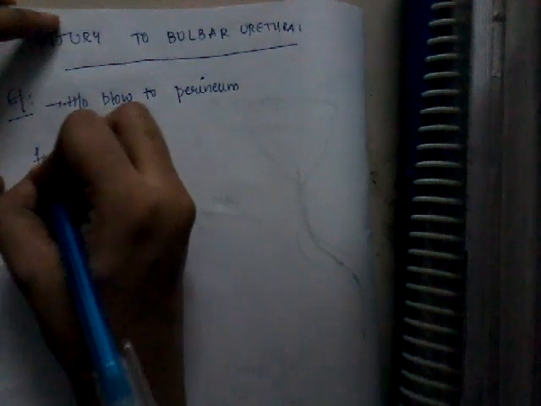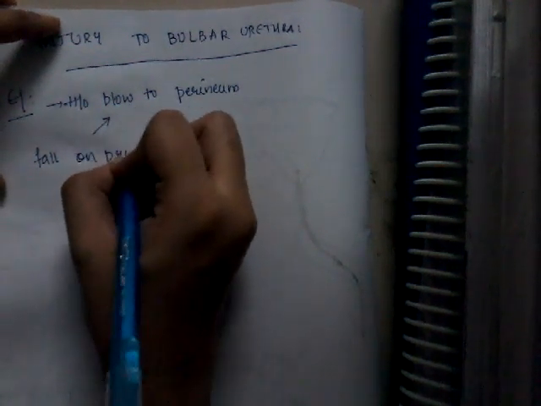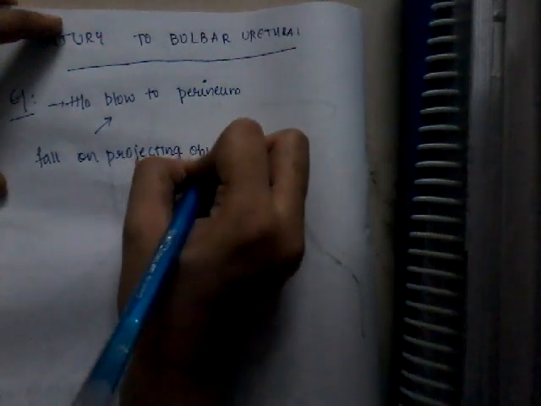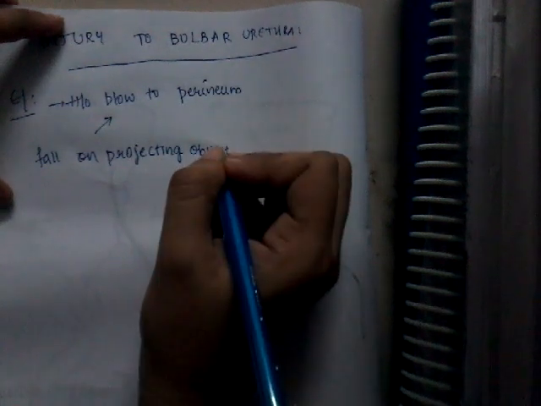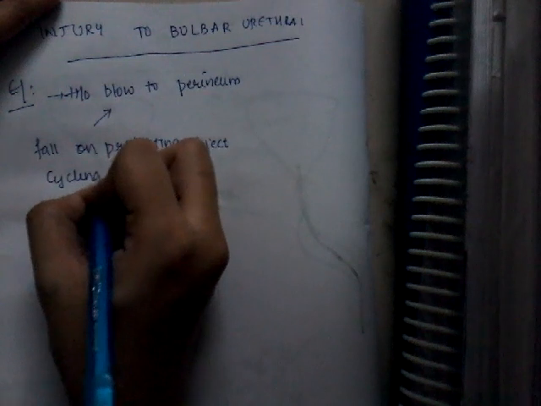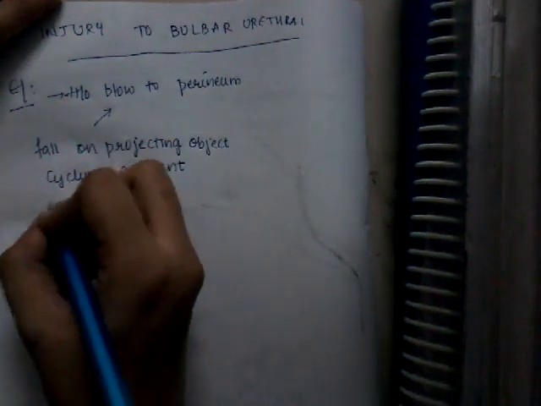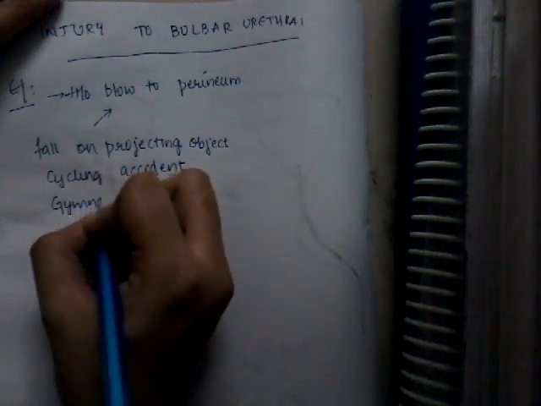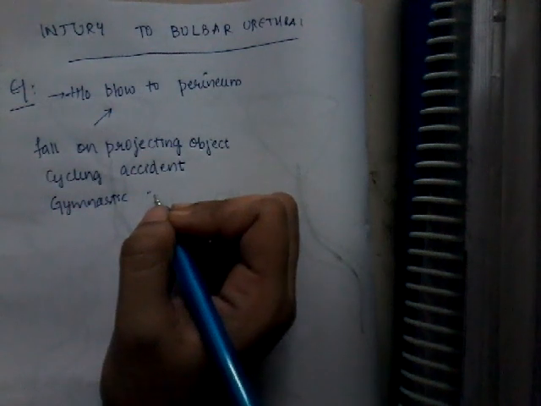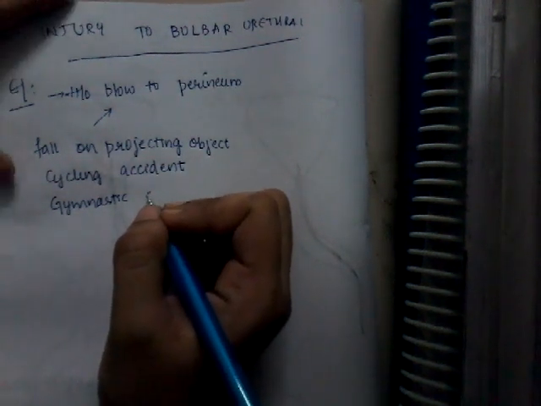It may be due to a fall on a projecting object, or some other accident, basically cycling accidents or gymnastics accidents, any type of accidents. All these may lead to a blow to the perineum. So this blow to the perineum may cause rupture of bulbar urethra.